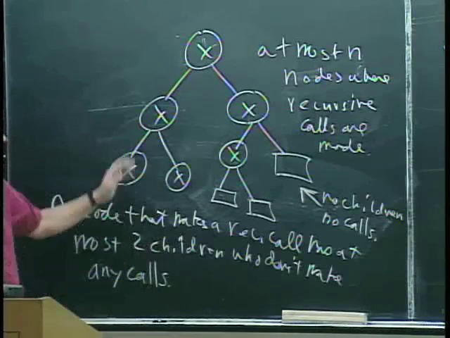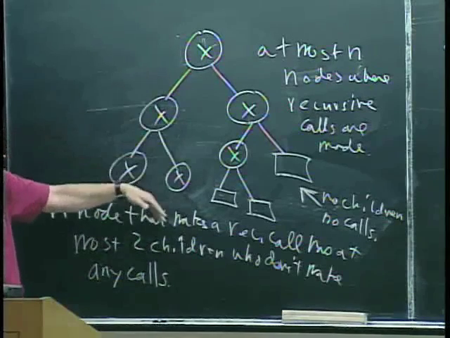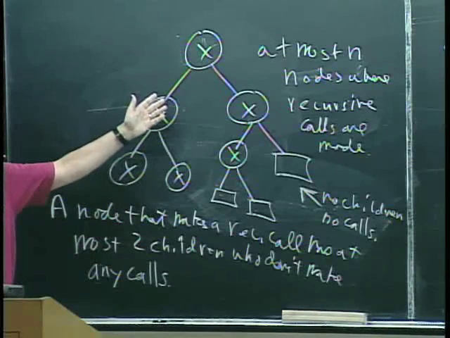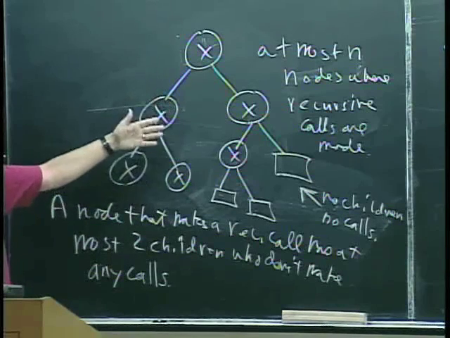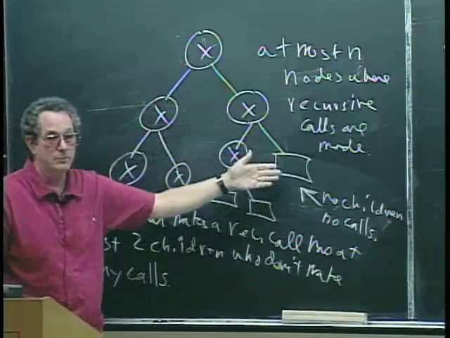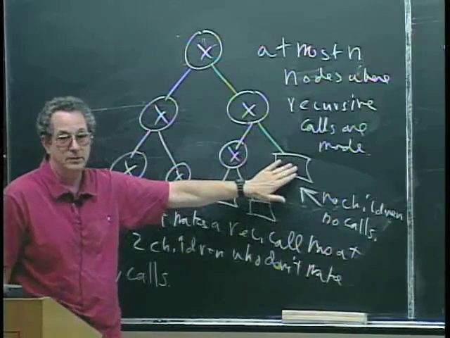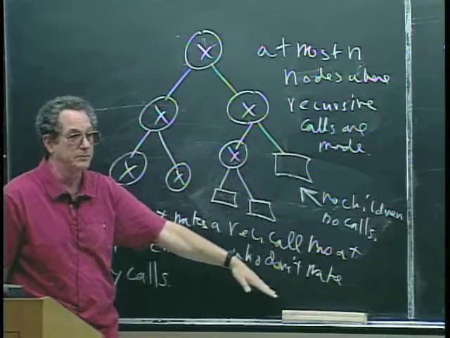So in this tree, where we're seeing the behavior of this algorithm, we have n nodes that make recursive calls, and attached to some of those nodes are nodes that don't make recursive calls. But if you're a node that doesn't make a recursive call, you're a leaf. You're a dead end. There's nothing below you.